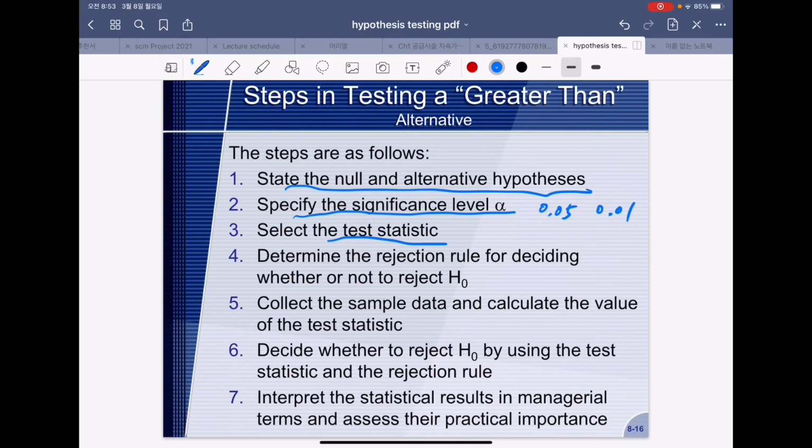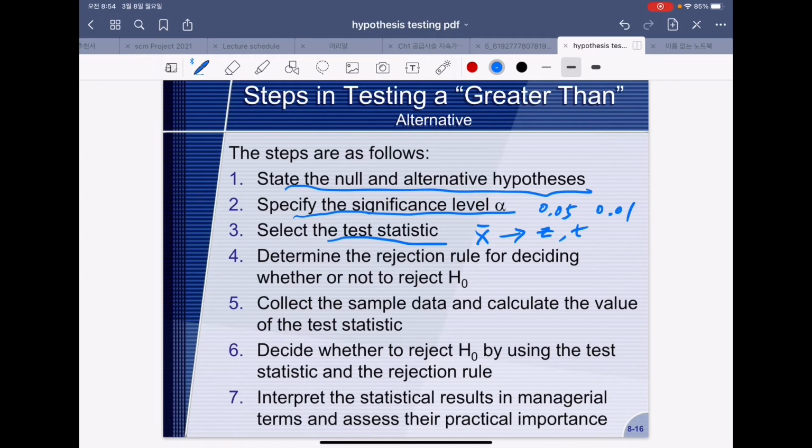So you take sample, and for the hypothesis about the mu, you take sample and then you compute X bar, right? And then you standardize this, right? That's called the test statistic. You transform this one to z value or t, right?